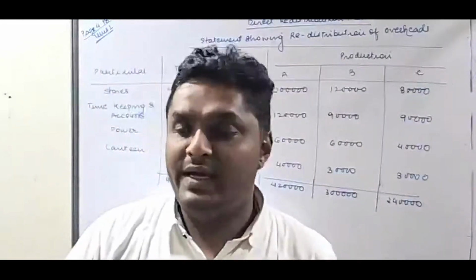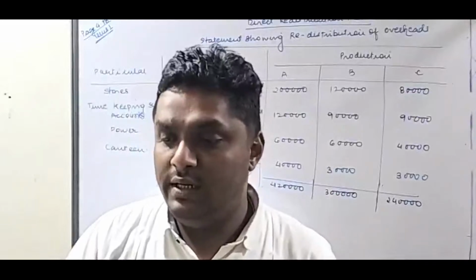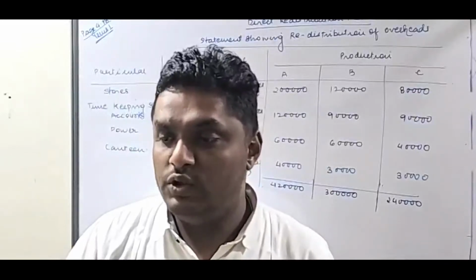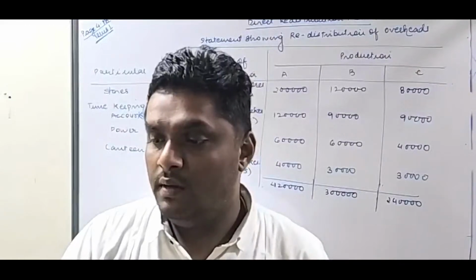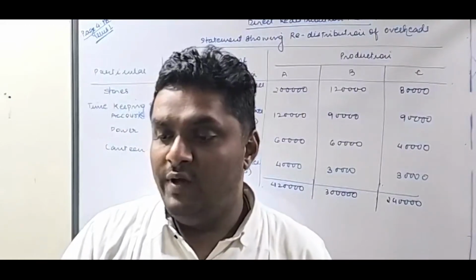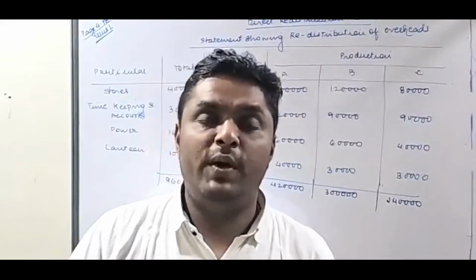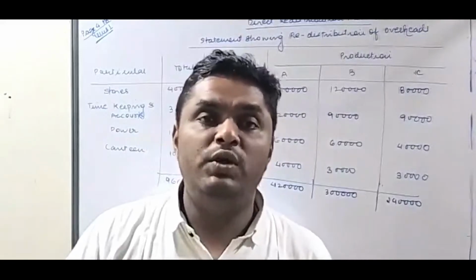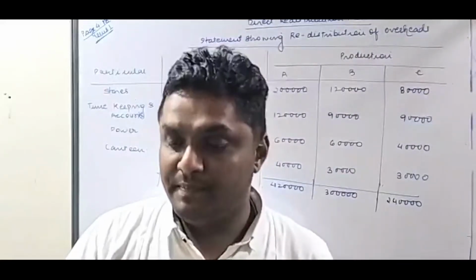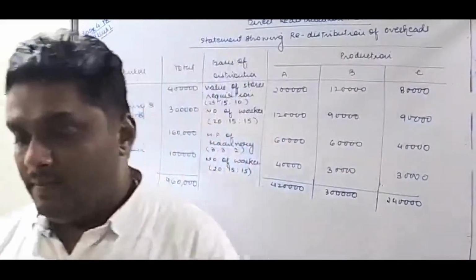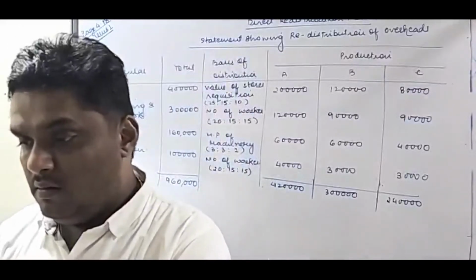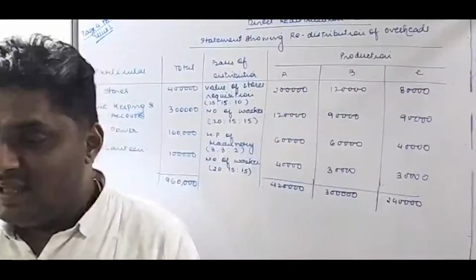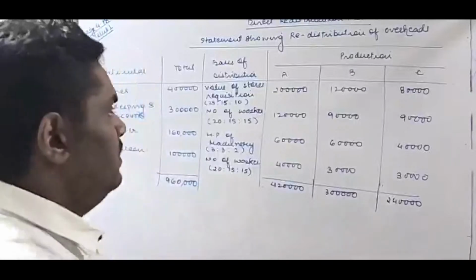If you have any doubts in the direct redistribution method, please post your queries. We are done with the first part, when service departments provide services only to the production departments. It's one of the easiest methods.